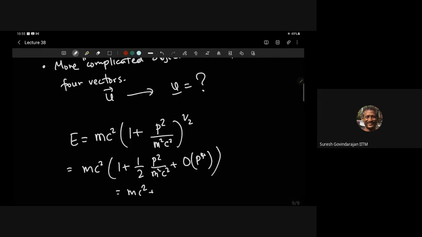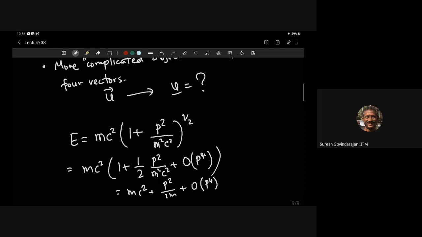And the nice part is that the c disappears. The c squares cancel and m cancels one factor of m square. So this is what we get. And it's kind of pleasing because we do not want c to come in non-relativistic, Newtonian mechanics. We don't want c to be there, and of course, it has to cancel, but it cancels.